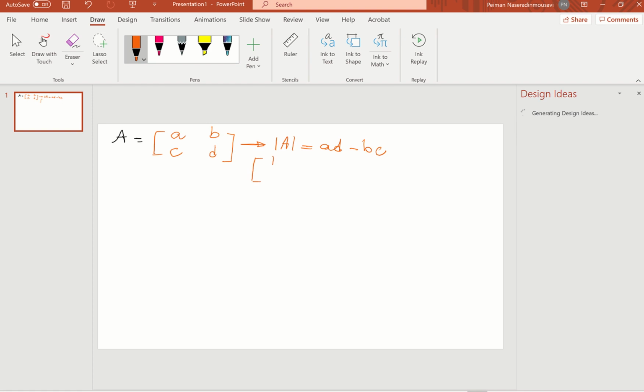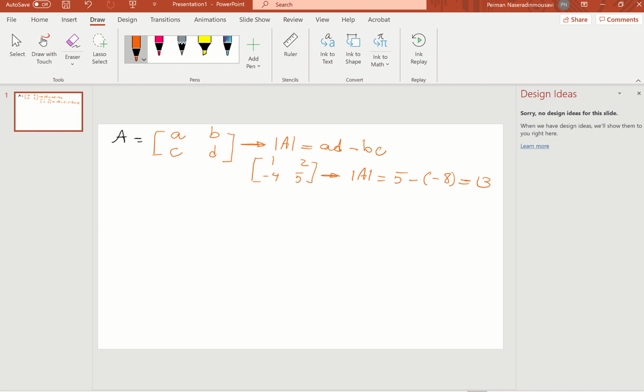Example of that: if A is 1, 2, minus 4, and 5, the determinant of this matrix is going to be 5 minus minus 8, which is 13.